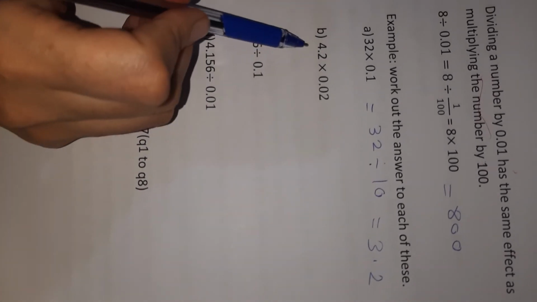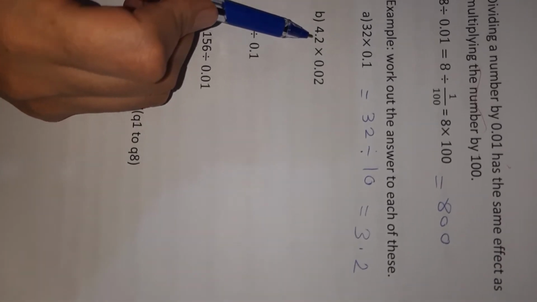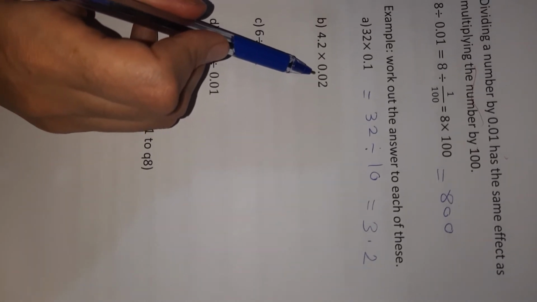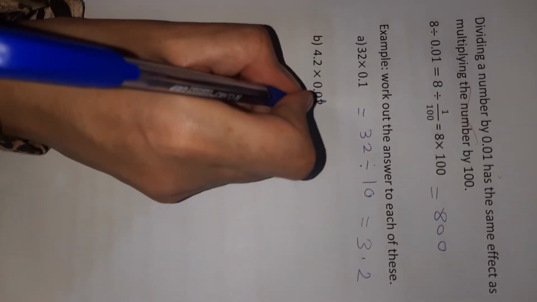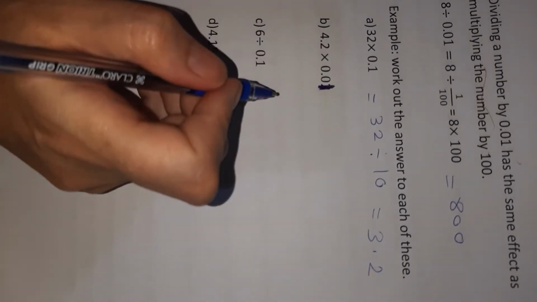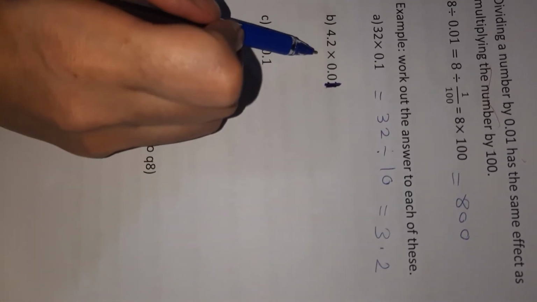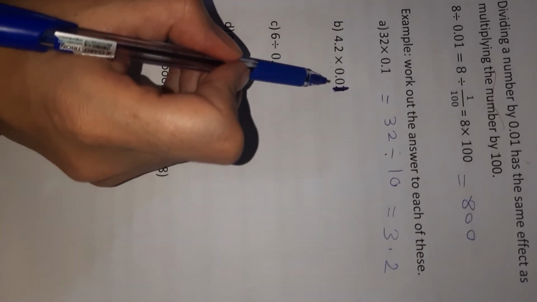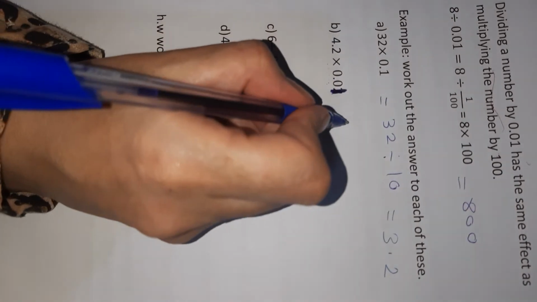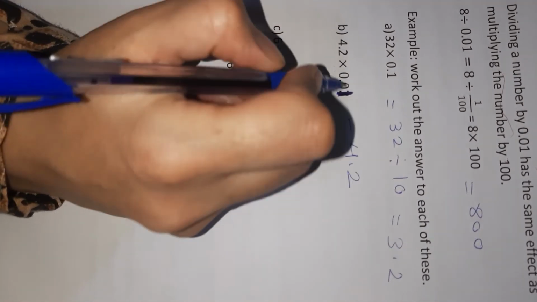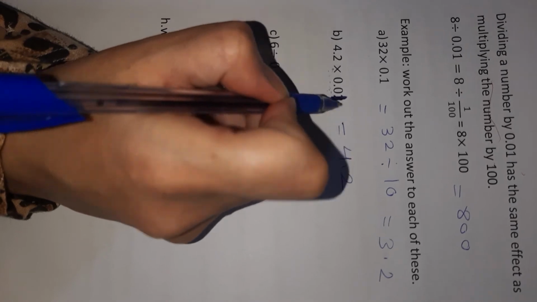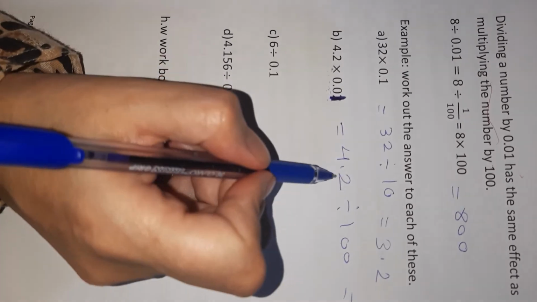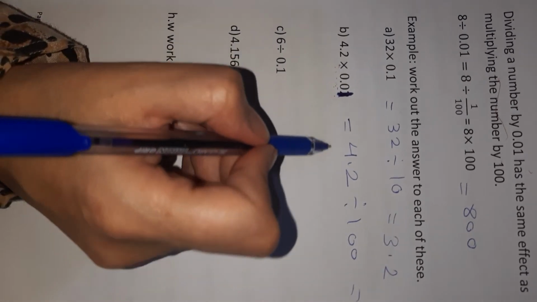The second one, 4.2 times 0.01. Multiplying by 0.01 is the same as dividing by 100, so move from right to left 2 places.